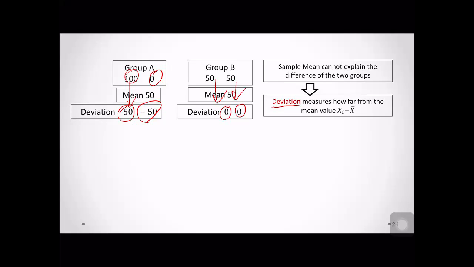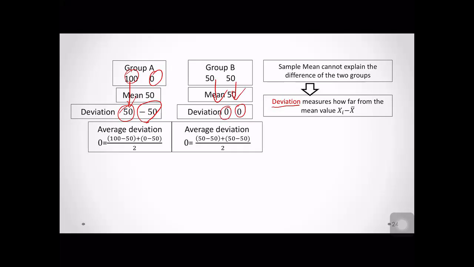And then we want to calculate the average. For group A, the average deviation is positive 50 plus negative 50, and positive and negative just cancel off. So the average deviation is 0. And for group B, it's also 0.